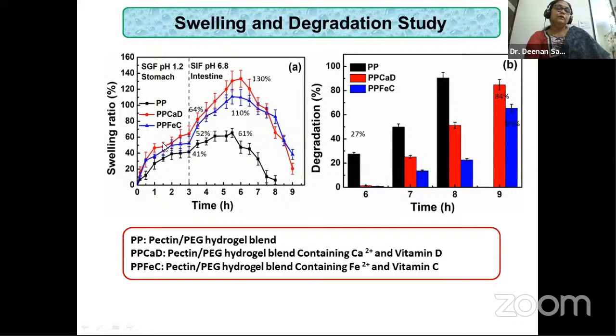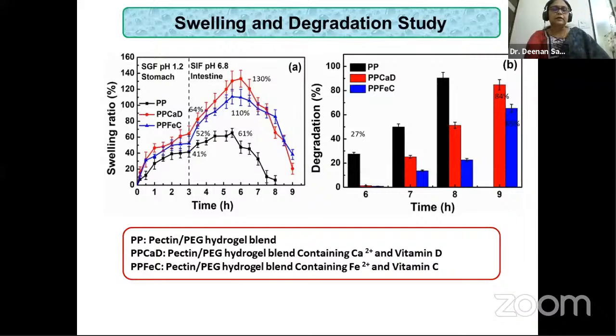So the beauty of the pectin is that at pH 1.2 there are more protons, so protonation is possible on the pectin. Due to the H+ ion adsorption on the pectin, the matrix deswells and doesn't allow the entry of simulated gastric fluid.